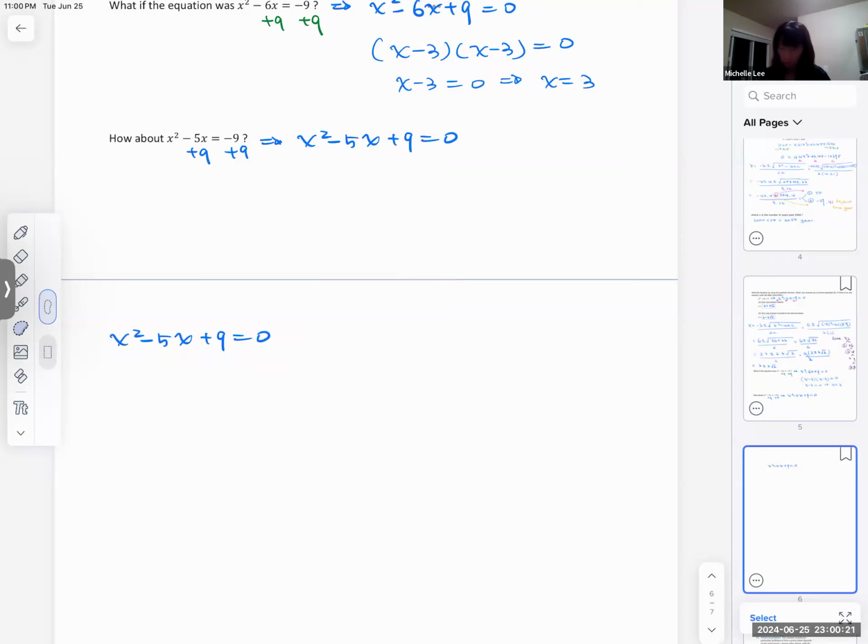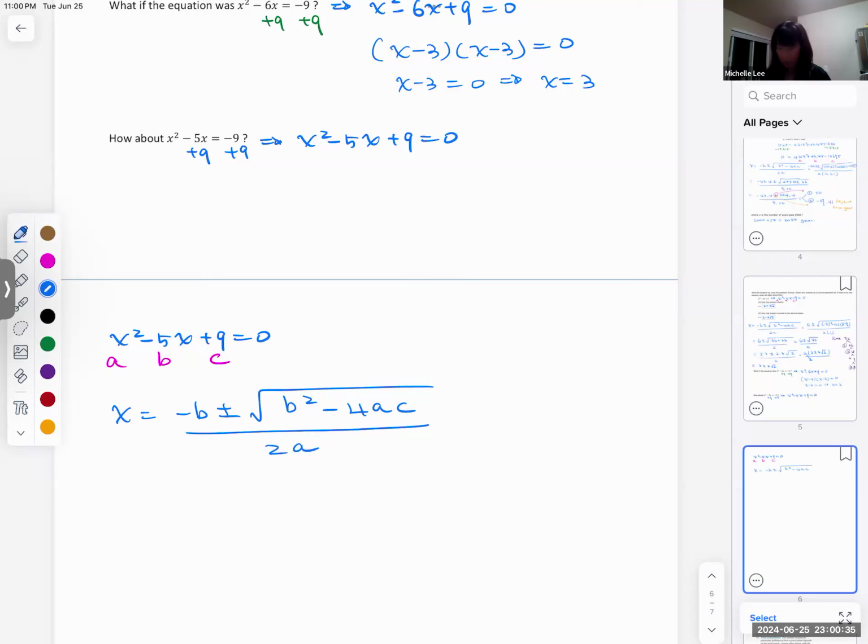All right, so we have the quadratic formula: x equals negative b plus or minus the square root of b squared minus 4ac, all over 2a.